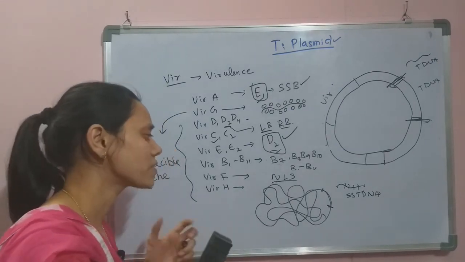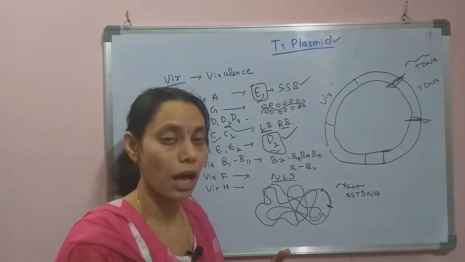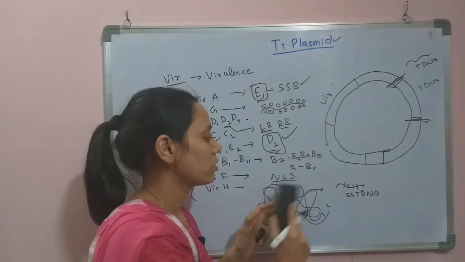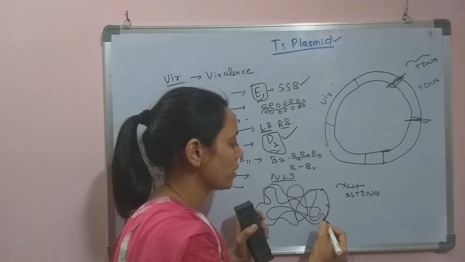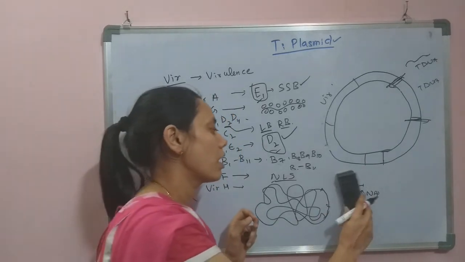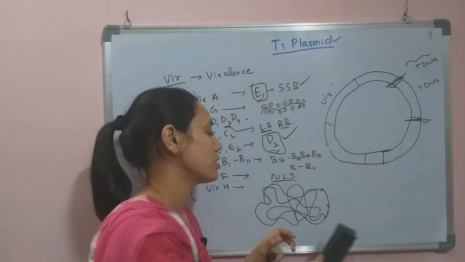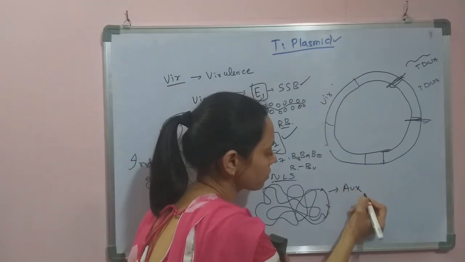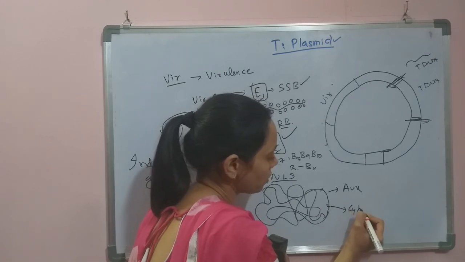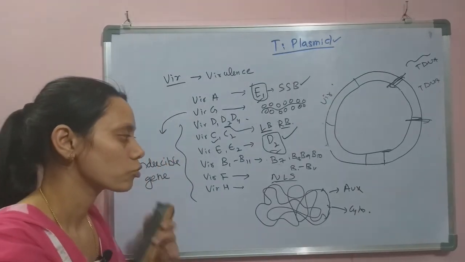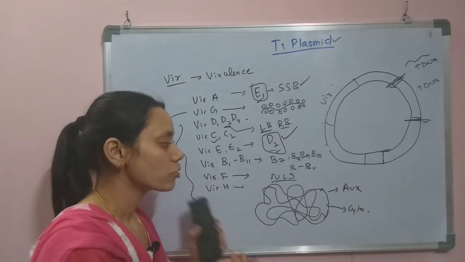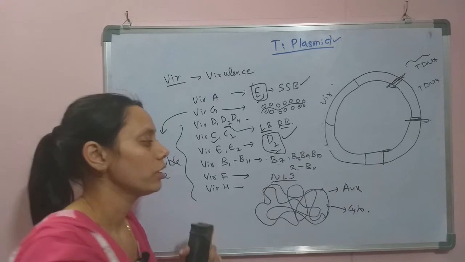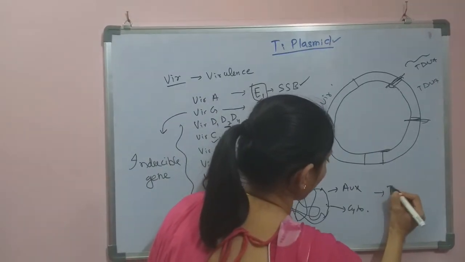So inside the nucleus this recombination event will happen, and once the tDNA is inserted inside the plant cell, it starts producing its own gene products, that are auxins and cytokinins, and these two phytohormones will induce the plant cell to multiply, and that will lead to the tumor.